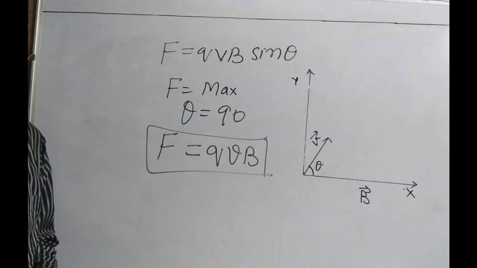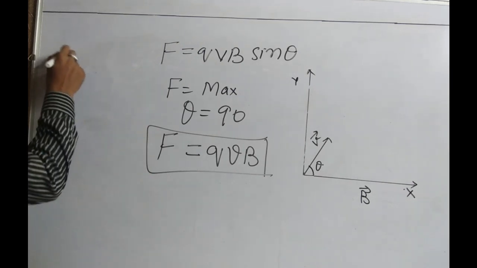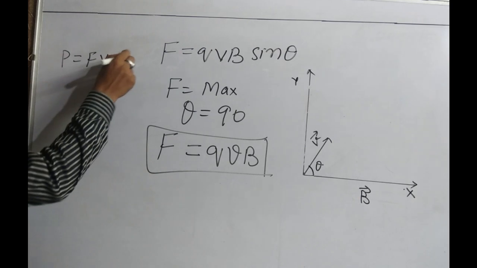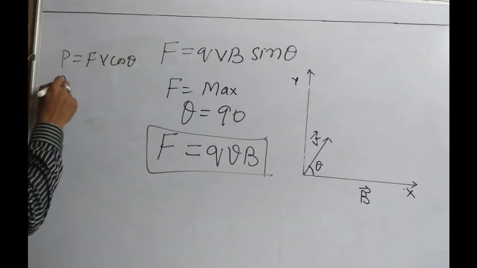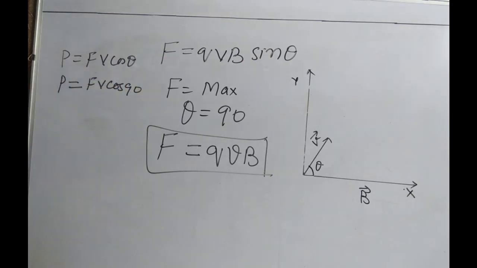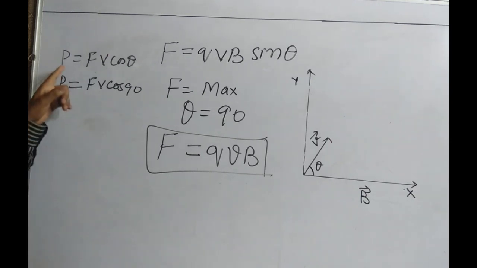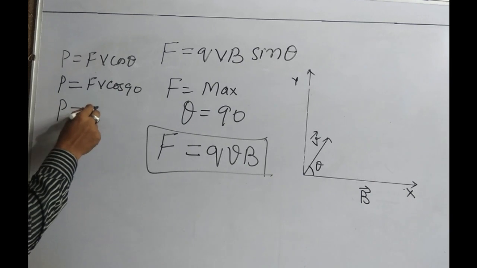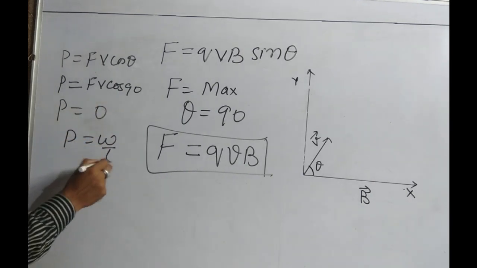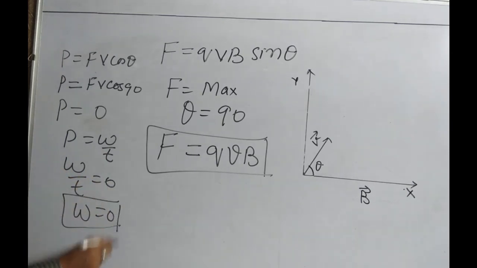Work done by this magnetic force will be 0 because we know that power equals F into V cos theta, where theta is the angle between F and V, and here the magnetic force and velocity are perpendicular to each other. So in that case power equals F V cos 90, which is 0, and power equals W by T, that is W by T equals 0, that is work done equals 0.